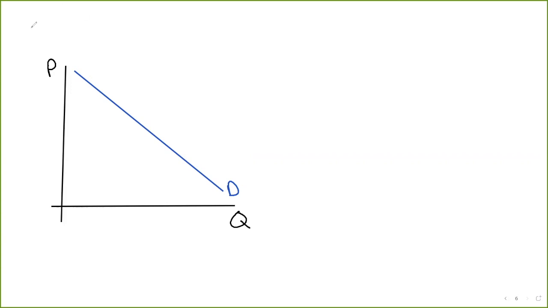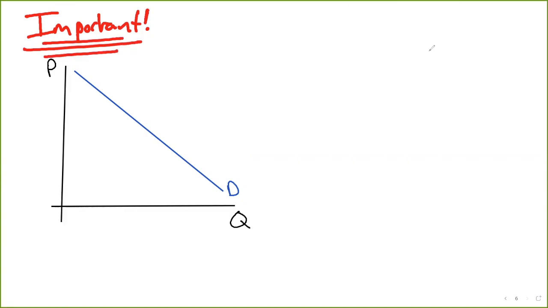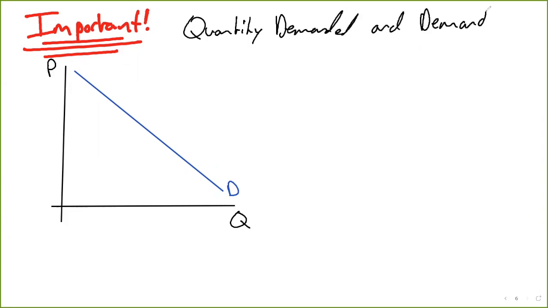So the last point I want to make is an important one. Right? I don't throw the important disclaimer around lightly. I want to emphasize the difference between quantity demanded and demand.